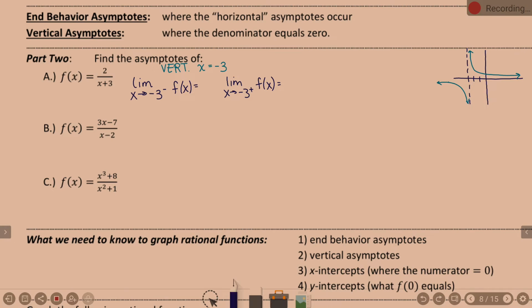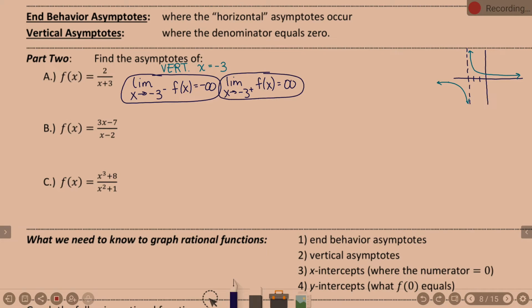So what does that mean? Equals negative infinity. What about as x approaches negative 3 from the right? Where is it going? It's going up. So that is positive infinity.